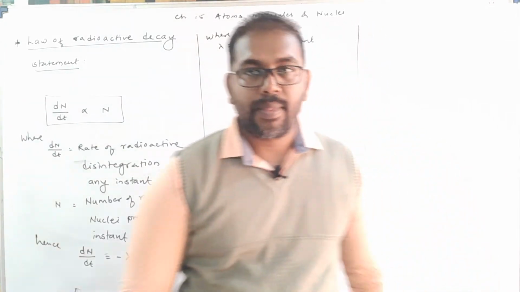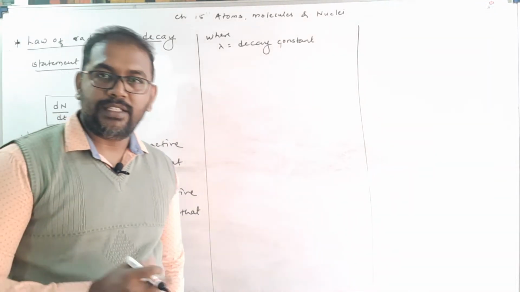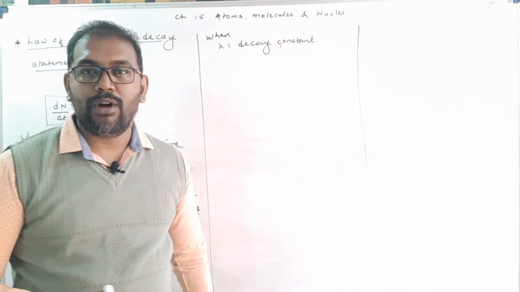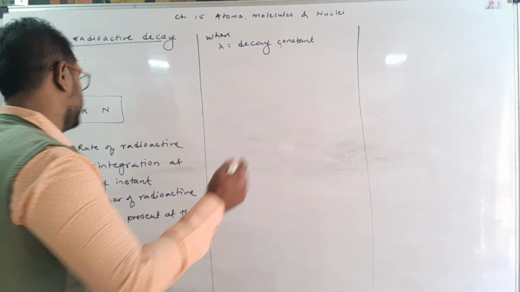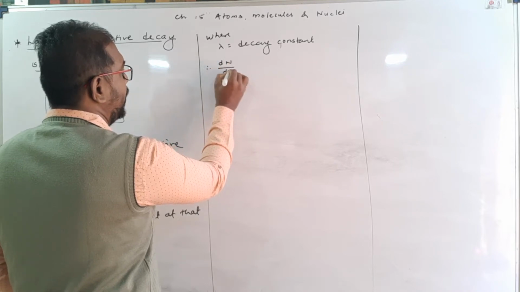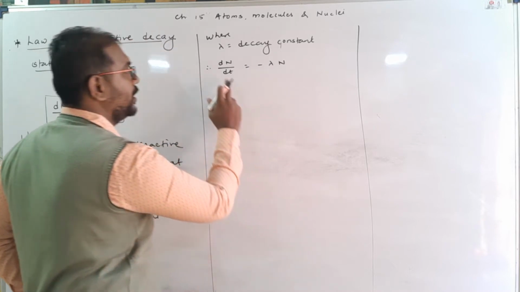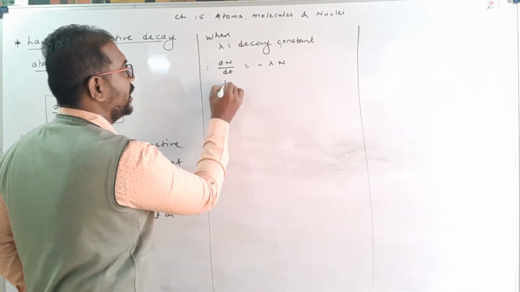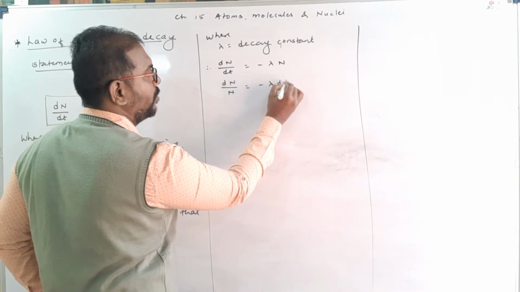Now by using this we can obtain one additional formula which gives us the number of radioactive nuclei present at that instant. So dN by dt is equal to minus lambda N. I can transfer dt to this side and N to that side: dN by N is equal to minus lambda dt.